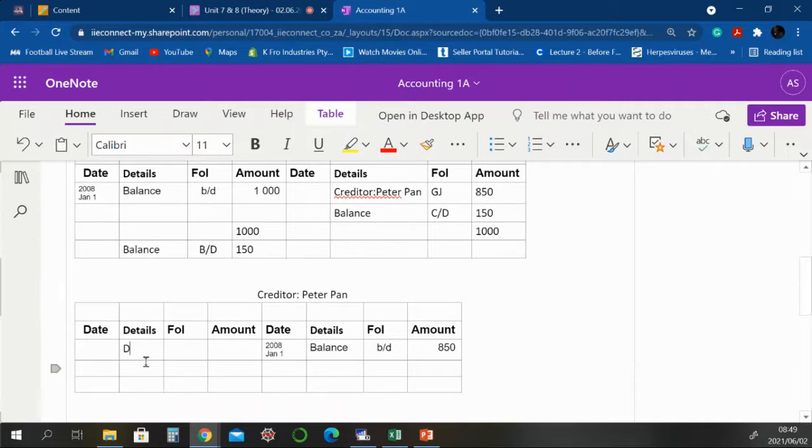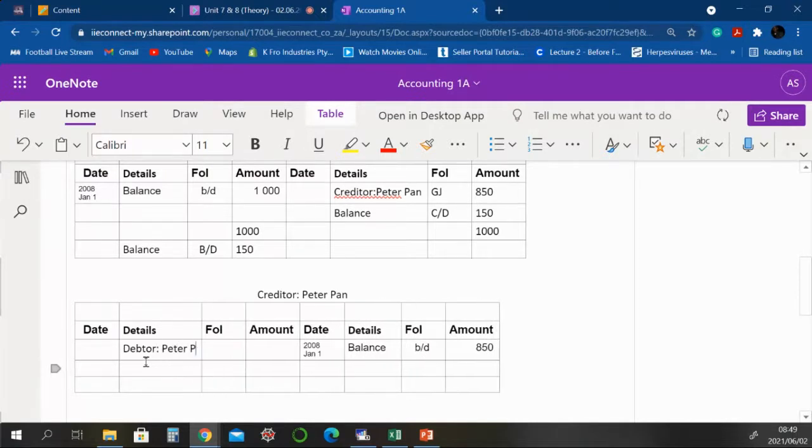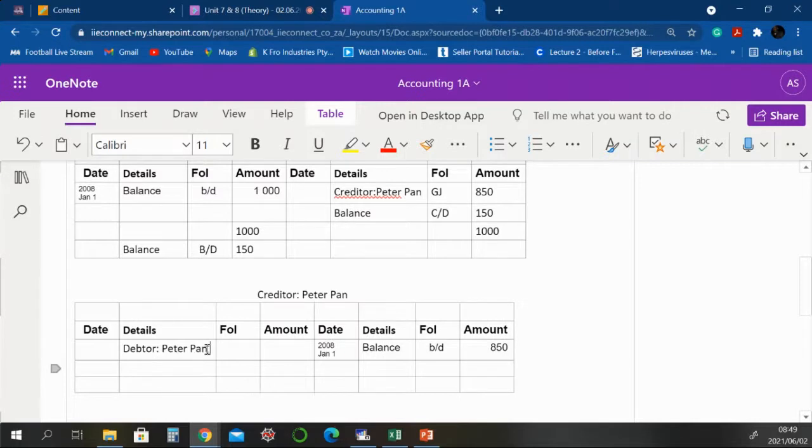But again, if you really think about it, we could have started here and we would have done debit because we're also reducing our creditor. And we know that our creditor's account decreases on the debit side. So here we say debtor, and then again we say Peter Pan.